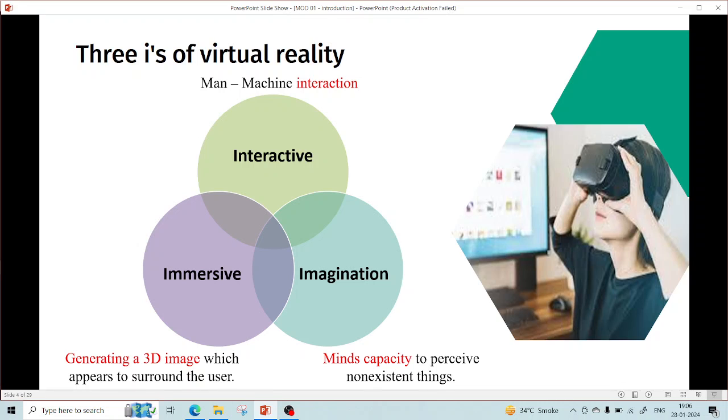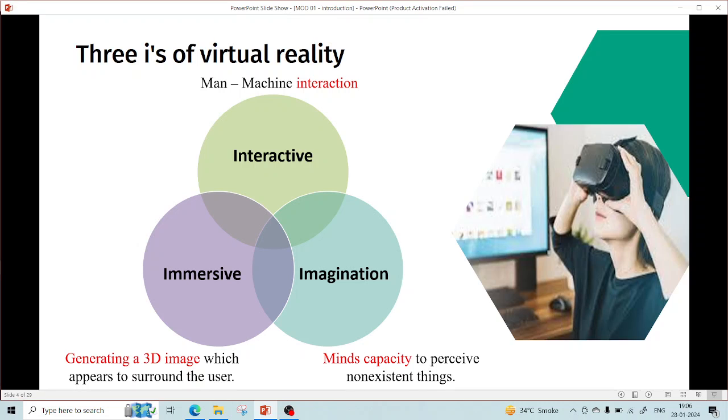There is no standard way to specifically plan your virtual environments or the application you are thinking to implement. Your mind's capacity to perceive non-existent things is endless. So you can try n number of ways, n number of possibilities to design a specific virtual reality environment.